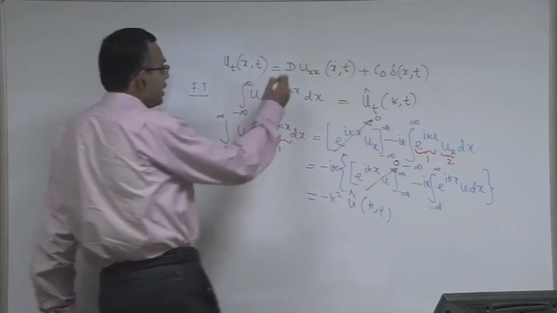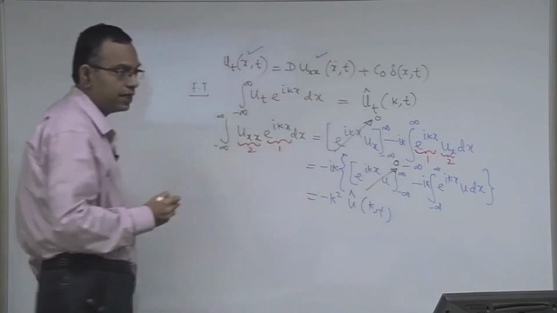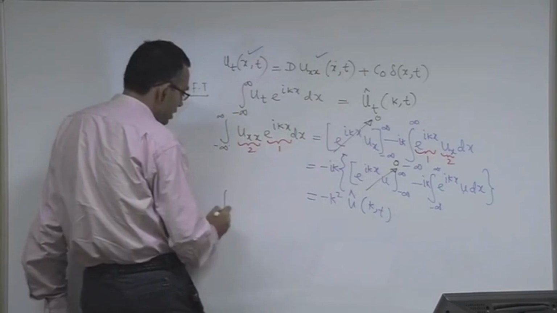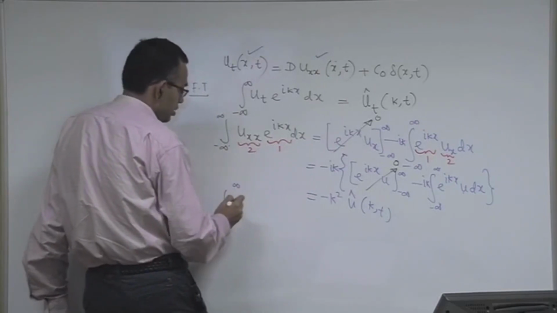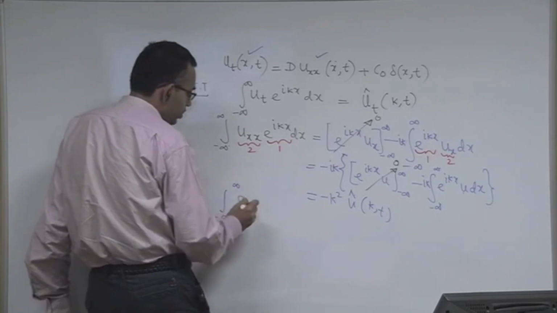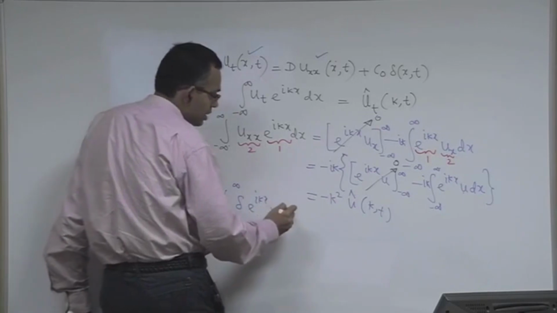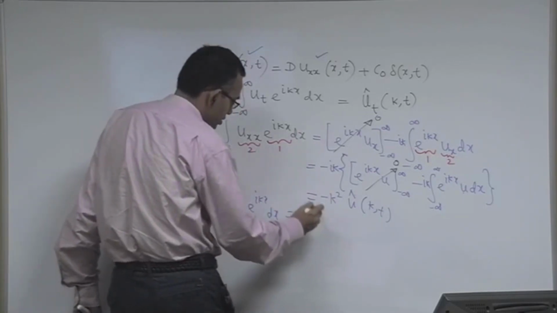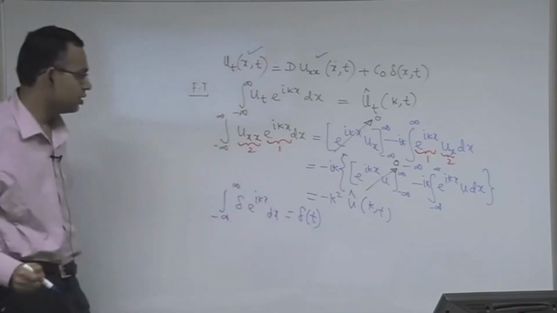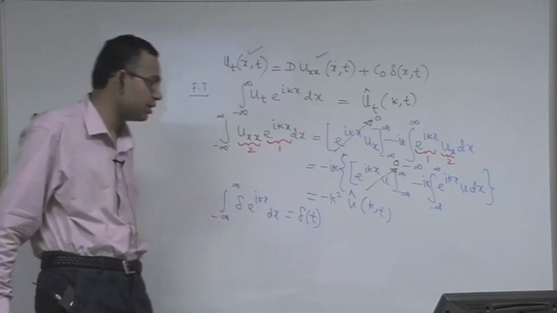Now we had taken the Fourier transform of this term and only the delta function is left. So minus infinity to infinity delta into e to the power I k x dx, this is delta of t by definition of the delta function.